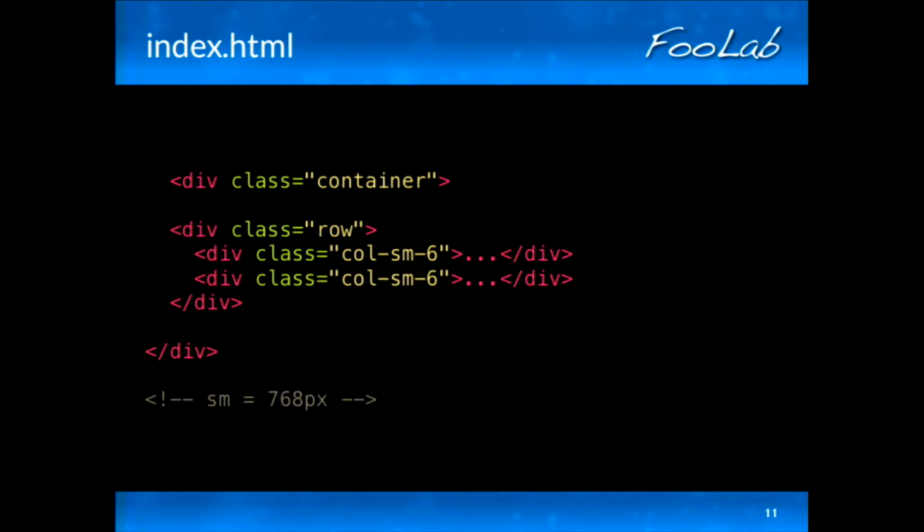And SM means small. So these rules only apply if you have 768 pixels available and more. So anything smaller, it's actually going to default to 12 columns. So it's going to stack one on top of the other. It's going to look like that, and as you shrink, the columns shrink, and then at some point it just stacks. So you don't need to scroll horizontally anymore.